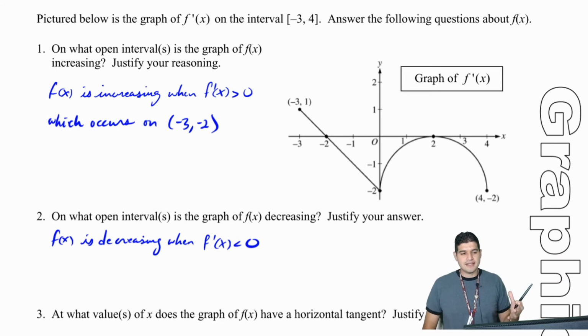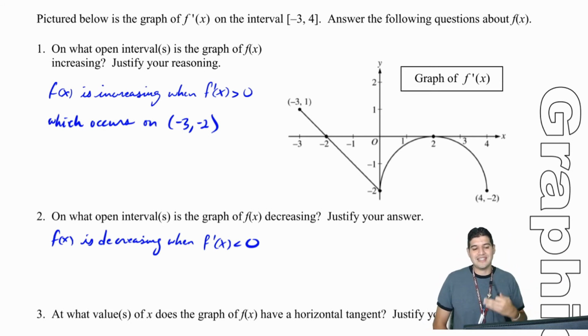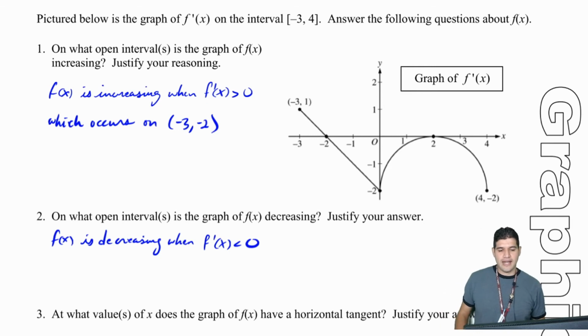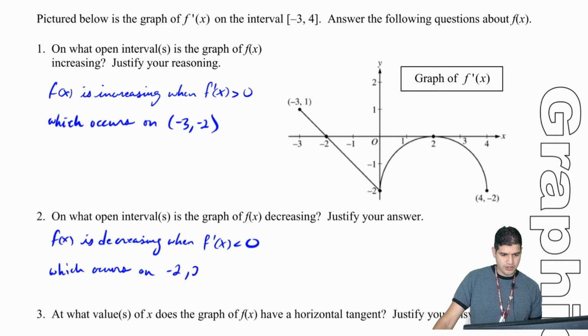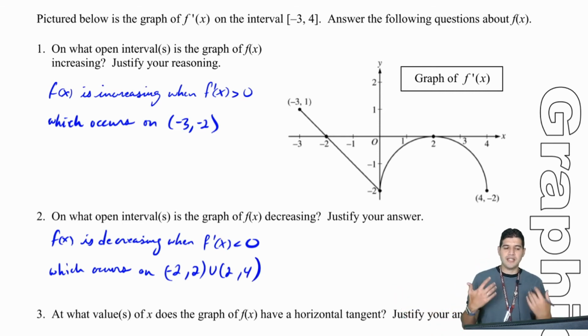But that's not necessarily true because at 2, it's equal to 0. And we're not saying when is it less than or equal to 0, just when it's less than 0. So we do have to take that 2 value out of our answer. So it occurs on -2 to 2, union 2 to 4.